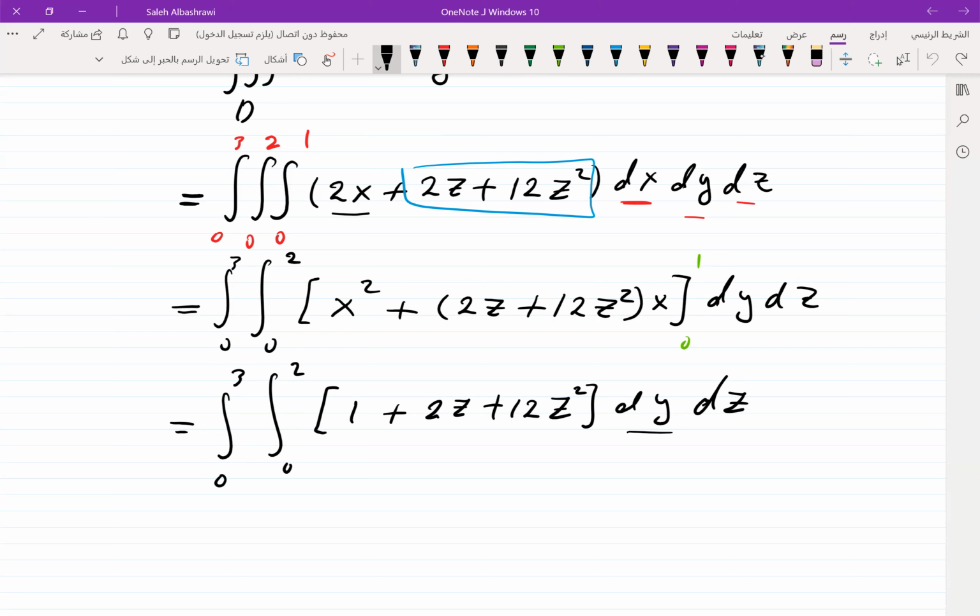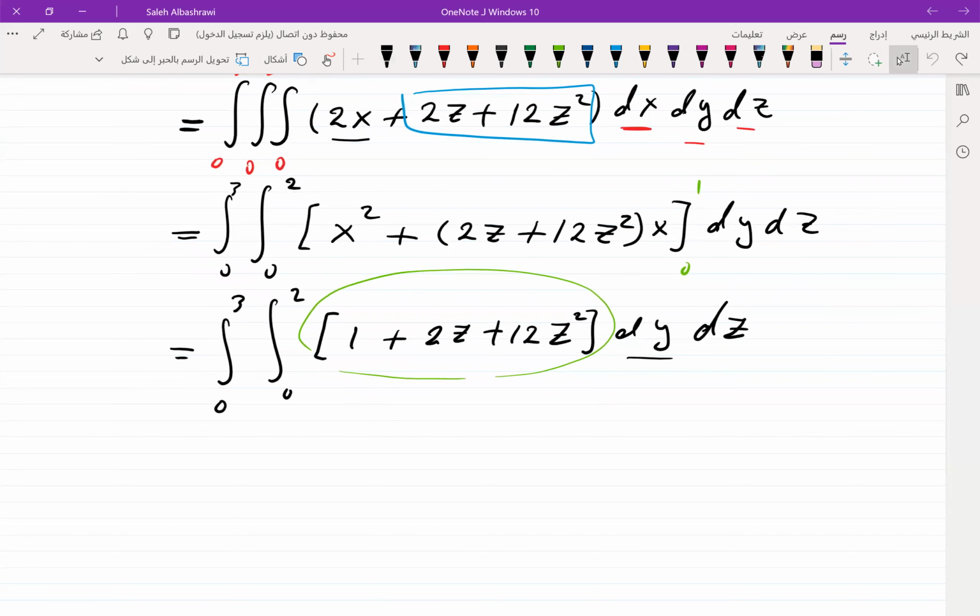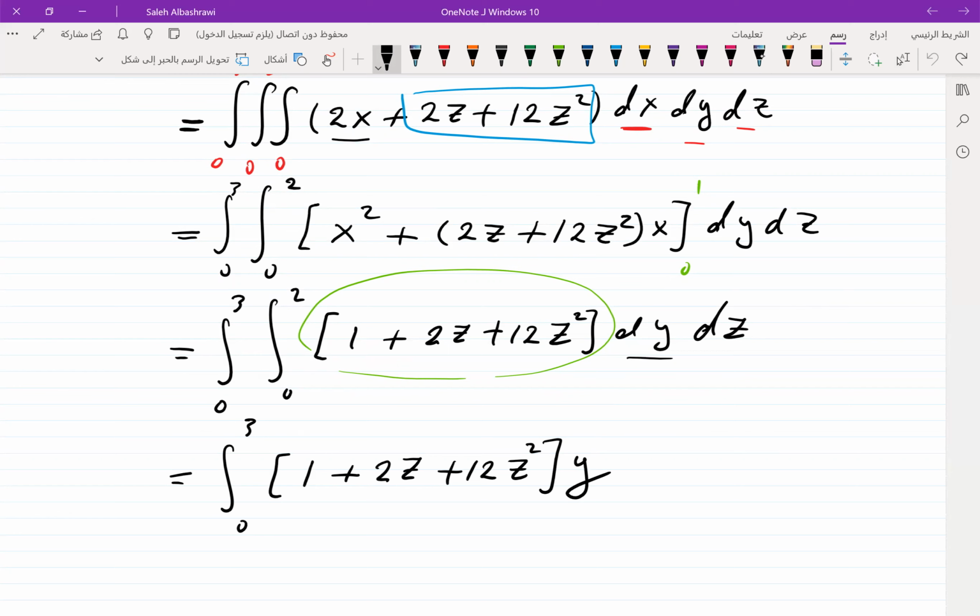Now integrate with respect to y. Since we don't have any y variable in this integrand, all of this will be constant with respect to y. So the integration is, from 0 to 3, of (1 plus 2z plus 12z squared) multiplied by y, because this is constant, and y from 0 to 2.